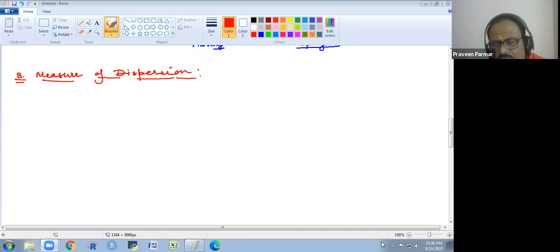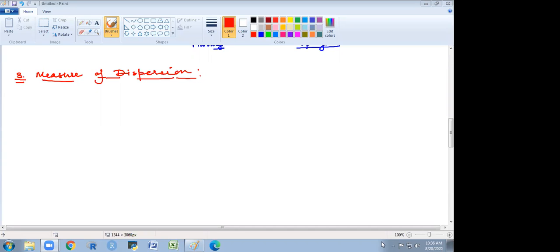Someone else try to say something. Sir, dispersion is nothing but the average deviation from its mean value or median, central tendency. Average. Correct.